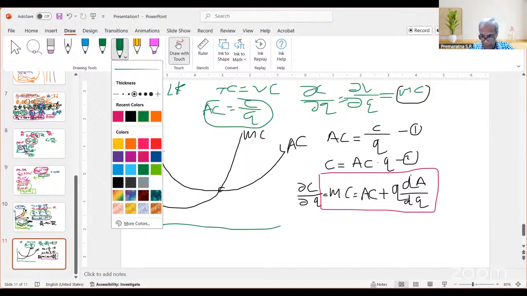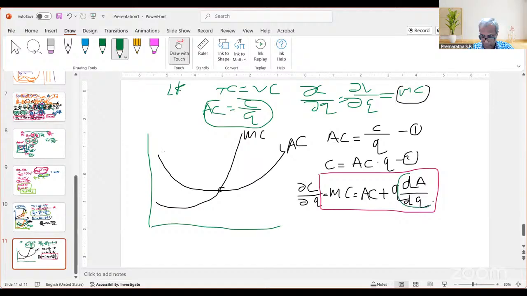Now this part in this equation number 3, this part, this dAC/dQ, is the slope of the average cost curve. Now here, look at this point A. The slope of the average cost curve is equal to 0, which means this whole entire part becomes 0.